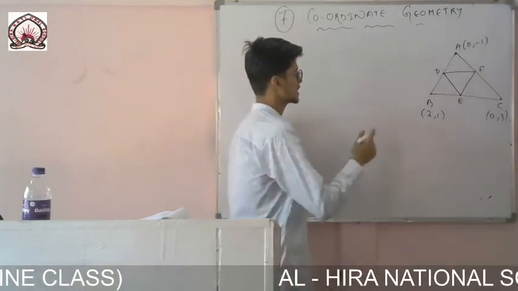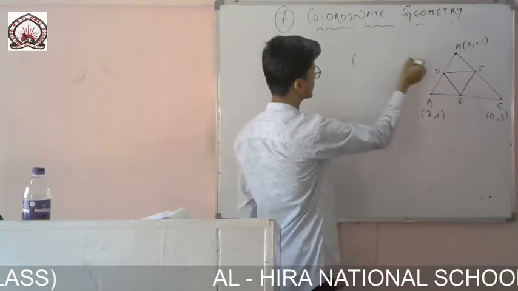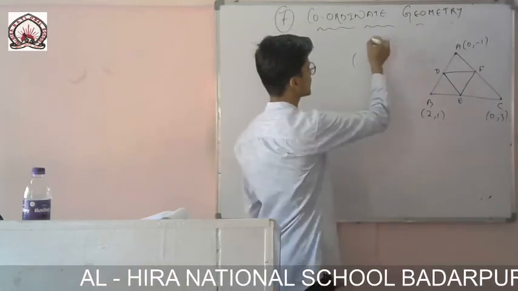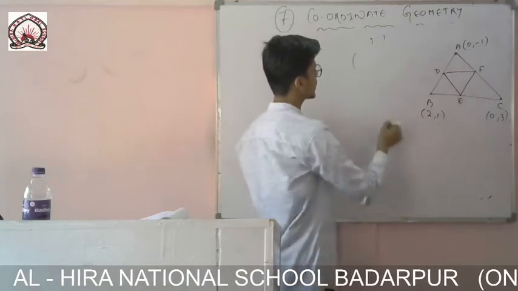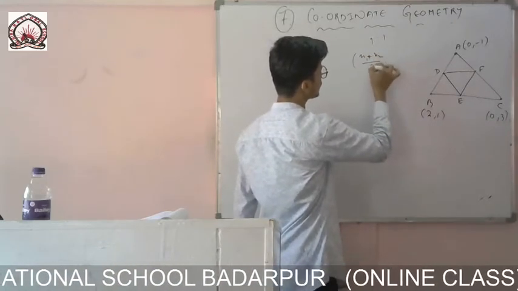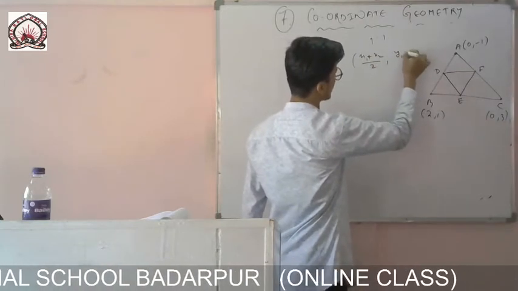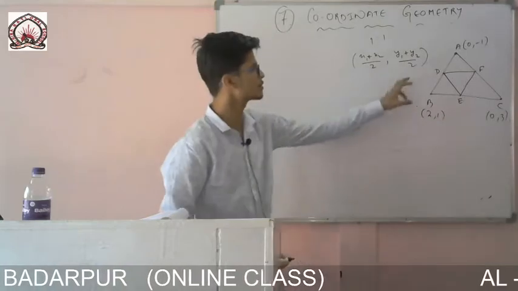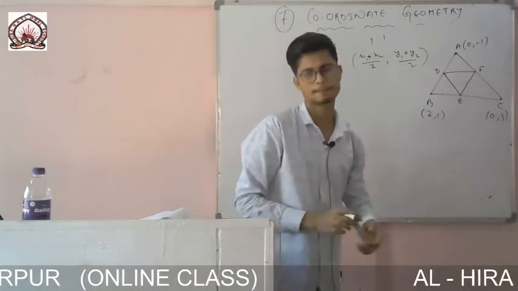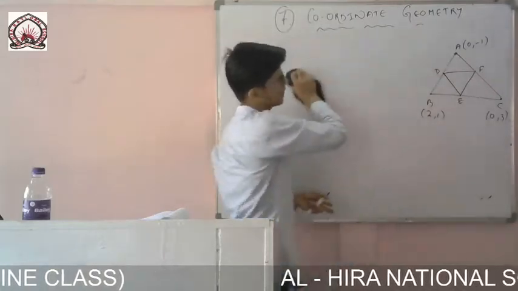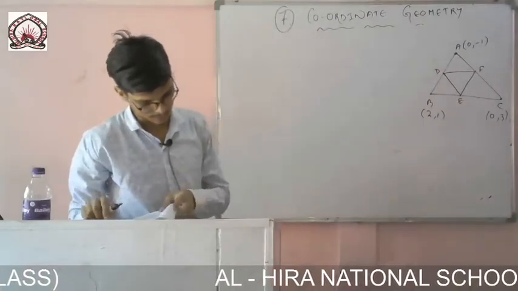In the last class I discussed this, that if a line is divided equally into two parts, then the ratio will be 1:1, and the formula is x1 plus x2 divided by 2, and for the y coordinate it is y1 plus y2 divided by 2. So this is the formula we will use to find these coordinates. Now let us solve it, and while solving I will make it clear.